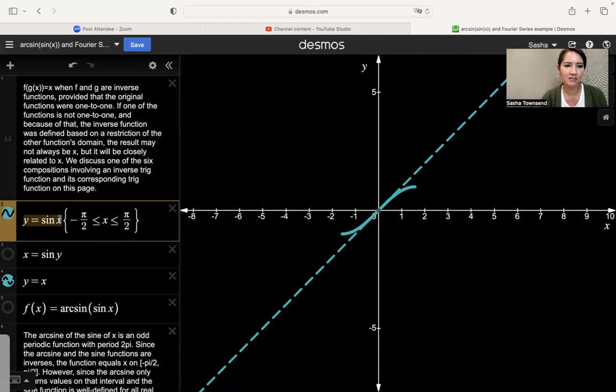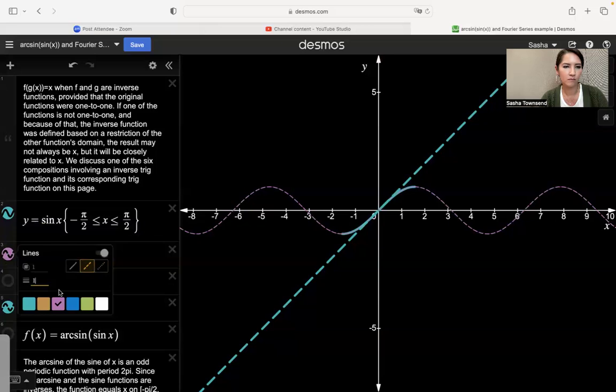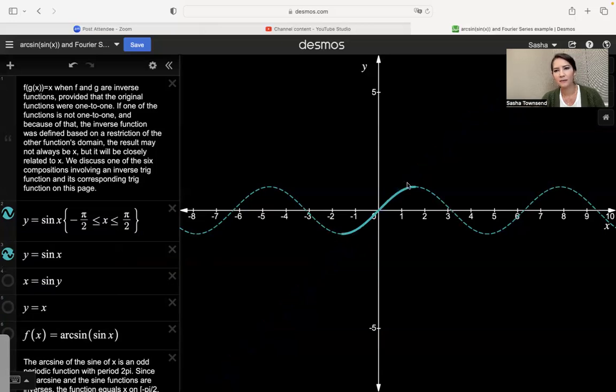So there's the sine function that we take the inverse of. There's the rest of the sine function. So we say if we restrict ourselves to this interval, then we have an inverse. The whole inverse relation looks like that.